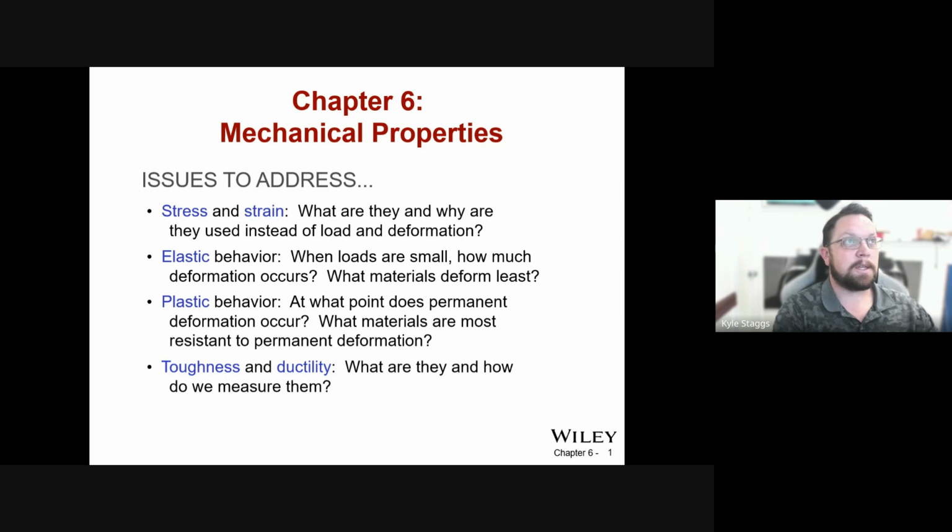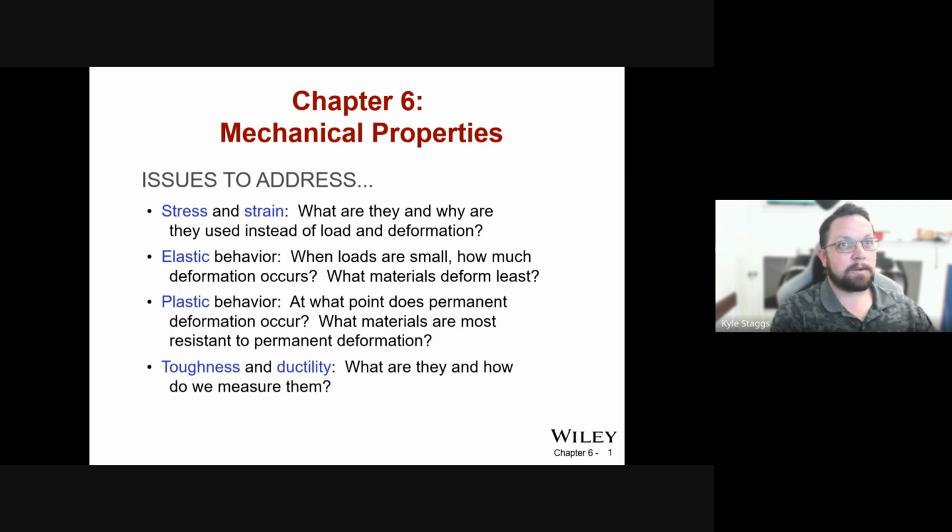Okay, having said that, there are stress and strain, elastic behavior, when you load something, how much deformation occurs, what material's going to deform the least, all of that sort of thing. At what point does permanent deformation occur, all of that detail.